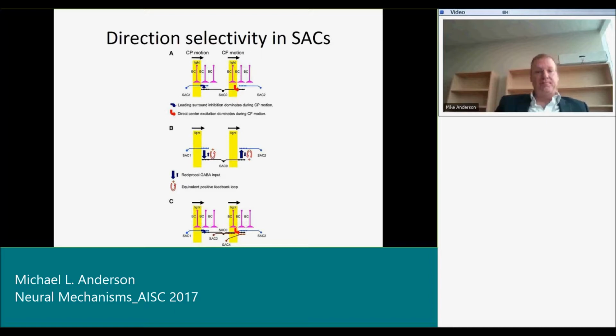At the same time, those bipolar cells, when they go across a dendrite in the anti-preferred direction, that dendrite will actually inhibit the dendrites of the neighboring cells. Right? So what you've got here is a network arranged such that you have mutual inhibition between neighboring cells.